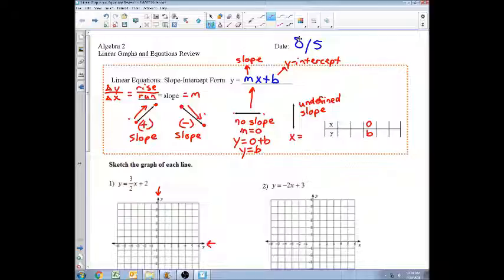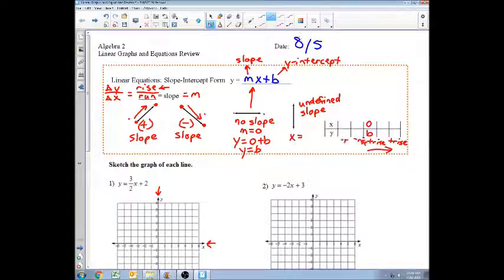Remember how I talked about rise over run is my slope? Well, to move to the right, I would add my rise going to the right. Again, my rise is my numerator. If I'm going to the left, I would subtract my rise.